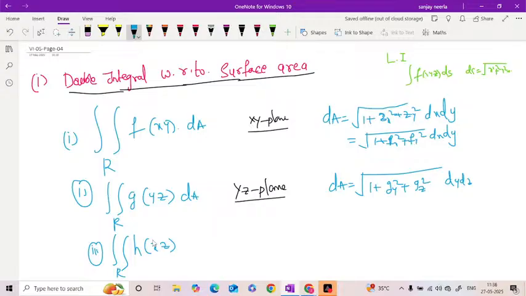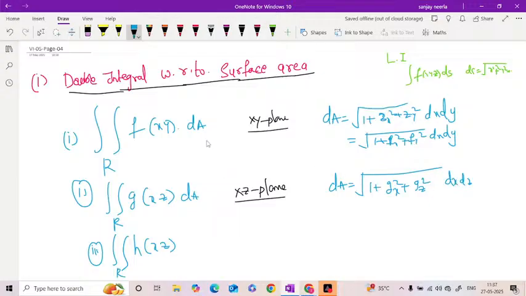Let us take xy first, better; next one xz, a small change. The function of xz, this is only x. So dA is equal to under root of 1 plus gx square plus gz square dx into dy.